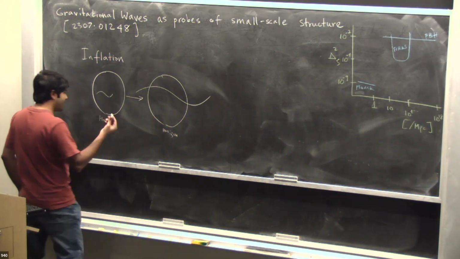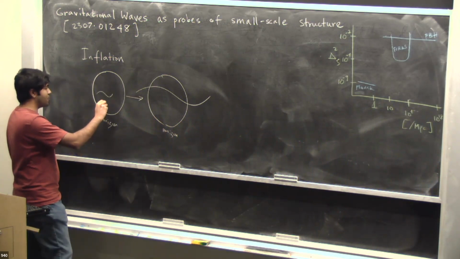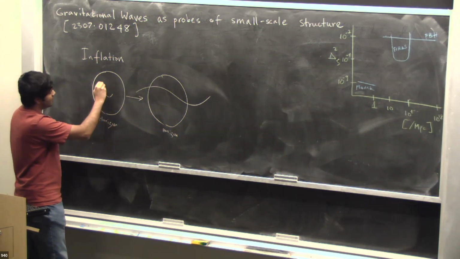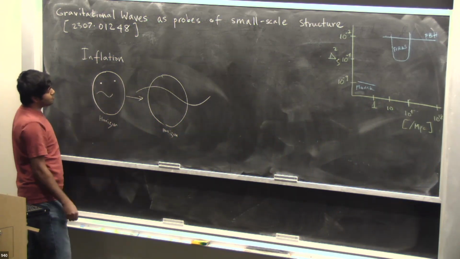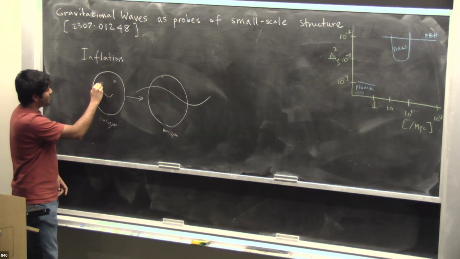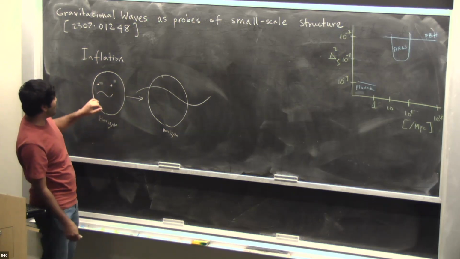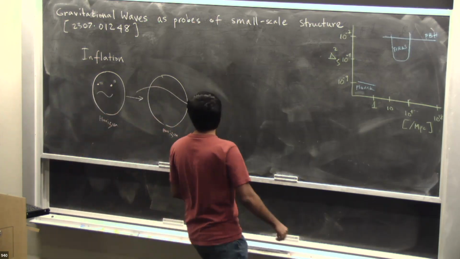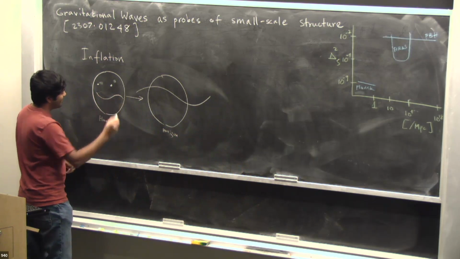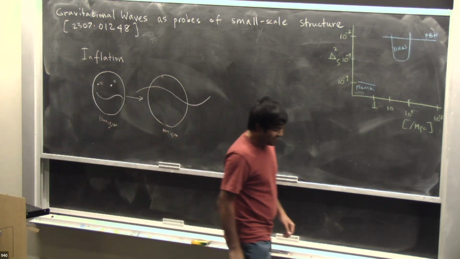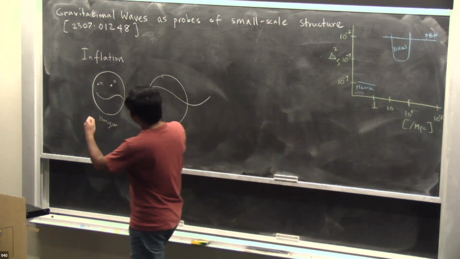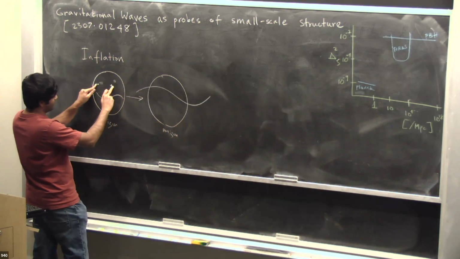Now, this is something that you probably know very well. If you start with this type of setup, and consider, let's say, 2 points inside the horizon, because they were inside the horizon, they could have talked to each other.